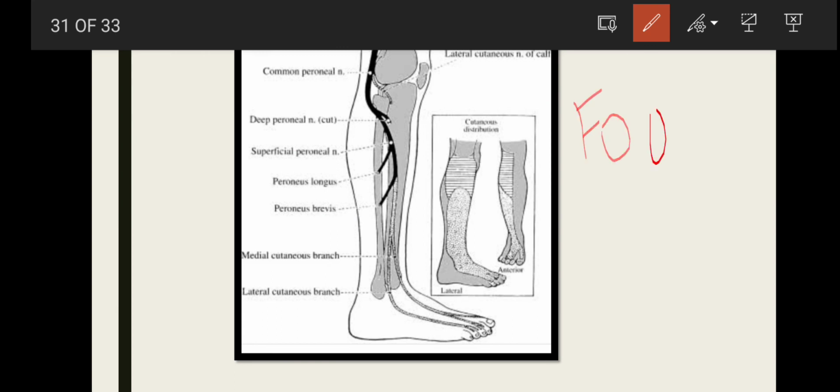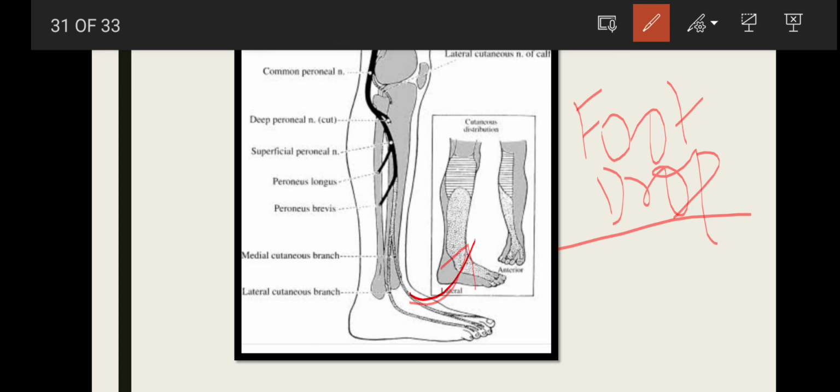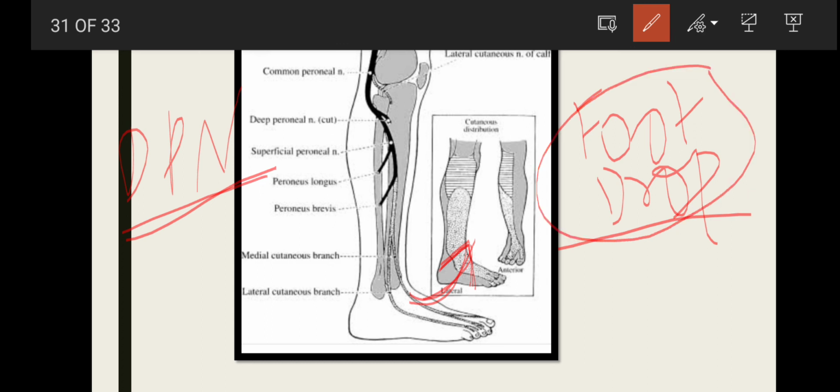Whenever there is a problem with the deep peroneal nerve which supplies your anterior compartment muscles, we know that the anterior compartment muscles help in dorsiflexion, to bring it up. Now whenever there is an injury to the deep peroneal nerve, dorsiflexion is not possible, the foot drops down. The upward movement is not possible, it drops down, and that is known as foot drop.